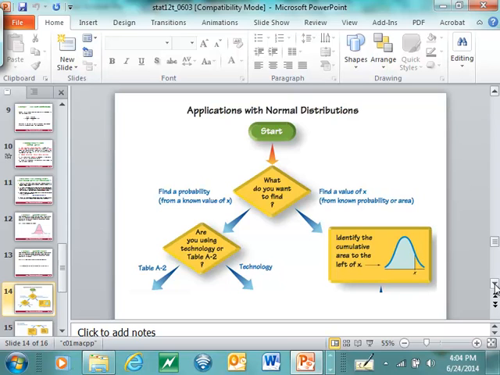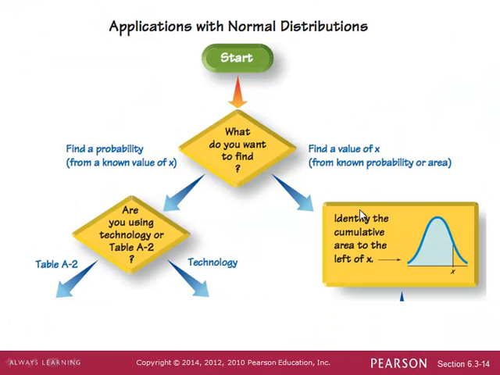So what do you want to find? Do you want to find a probability from a known value of x, where x is the random variable for a normal distribution? Or do you want to find a value for x when you know a certain probability or area under the curve?